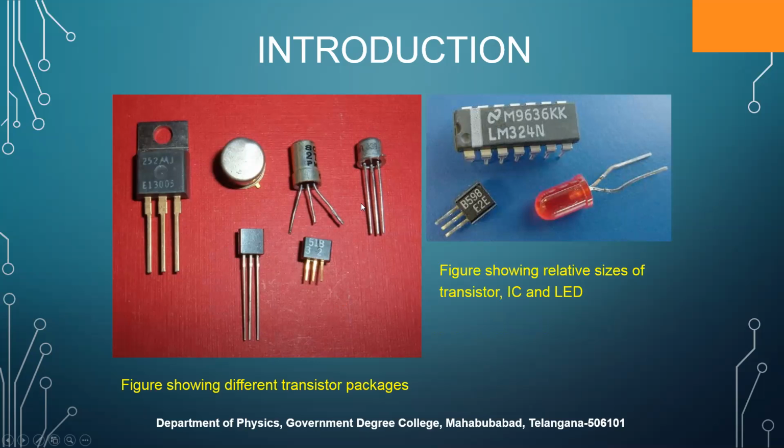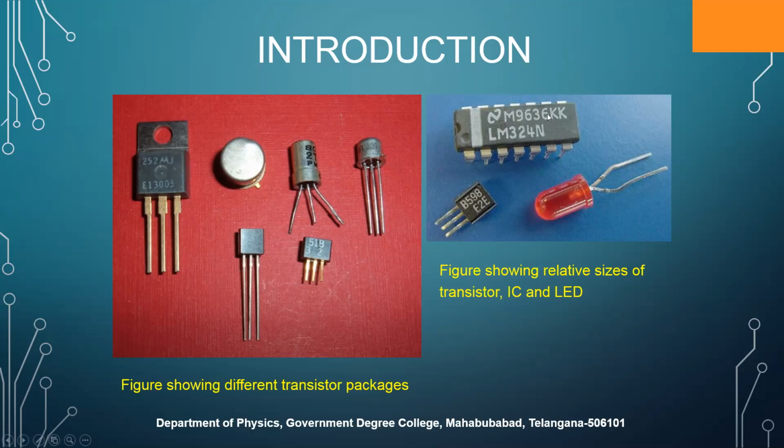This has a gain of the order of 150, and this one is a power amplifier. This one is the SL100 transistor. Like this, so many transistors are there. The advantage of this metal case is they can radiate heat efficiently when compared to these plastic packages.